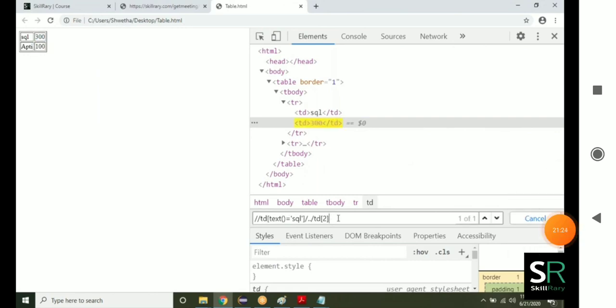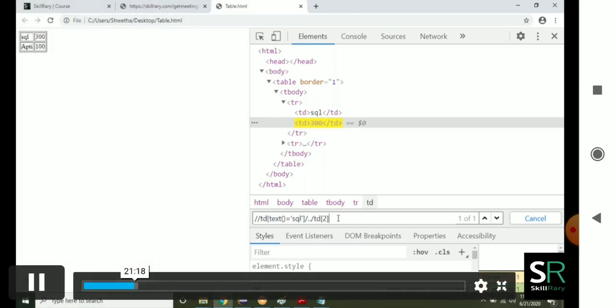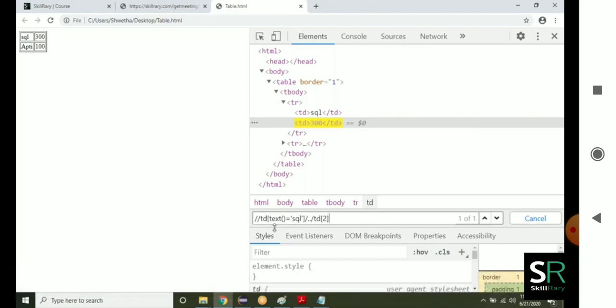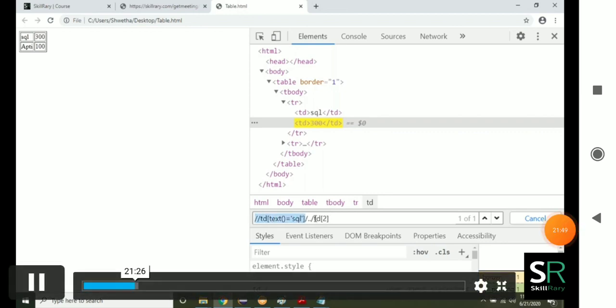Check it. If any element is added above SQL, below SQL, or added or removed, still it is going to work. This is called, means we are combining two things, guys. We are using the text function and then we are using the index also.